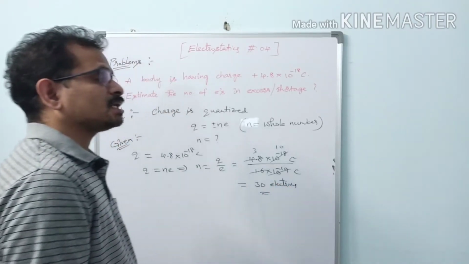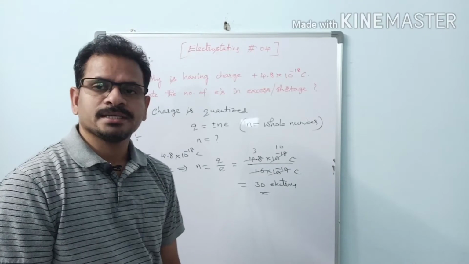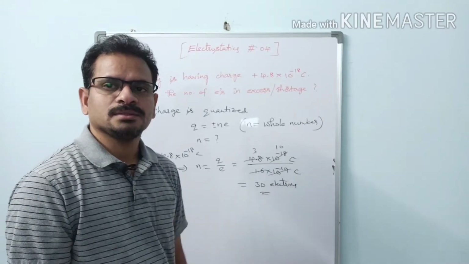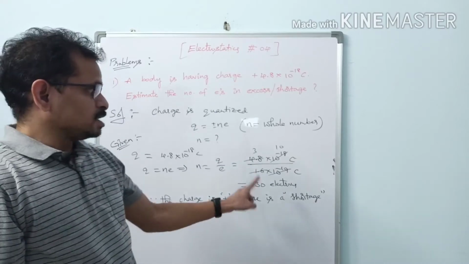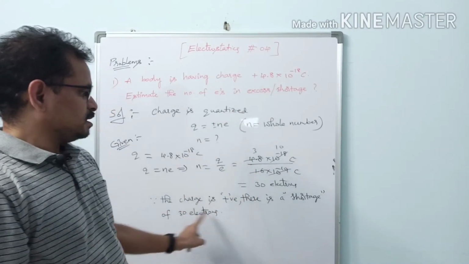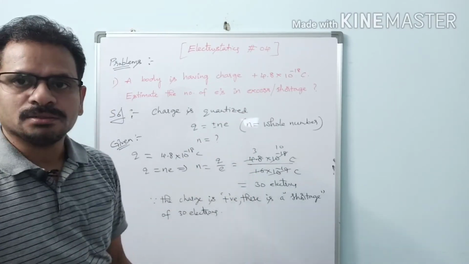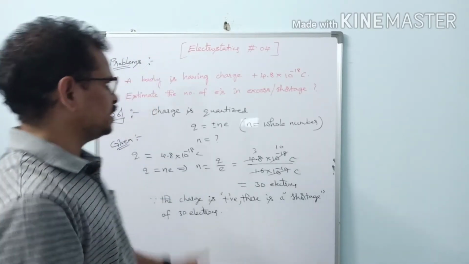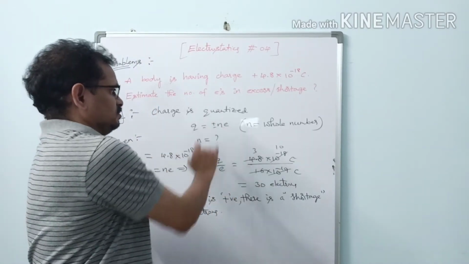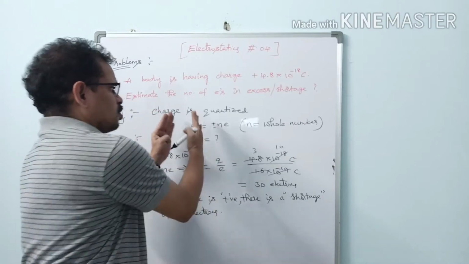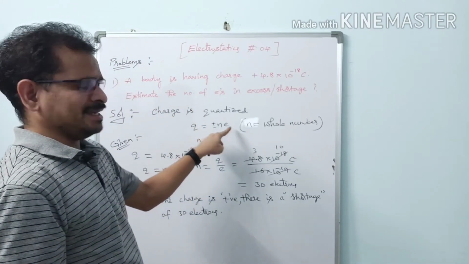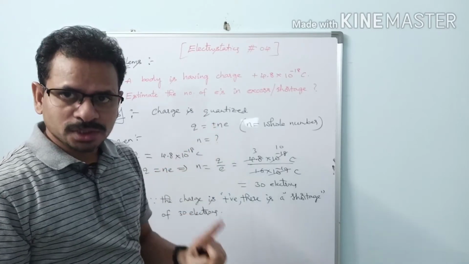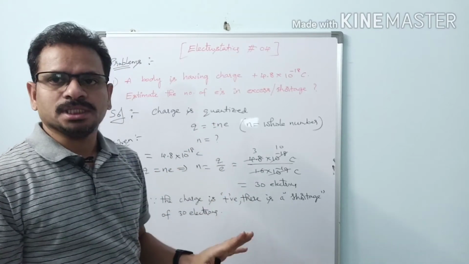So how many electrons are deficient in this case? 30 electrons. Since the charge is positive, there is a shortage of 30 electrons. Simple problem; we directly used that charge is quantized. The total charge on any body is plus or minus Ne, plus for positive charge, minus for negative charge.